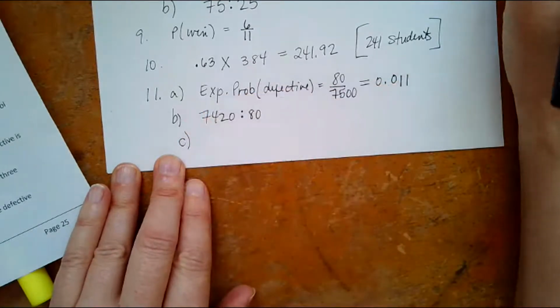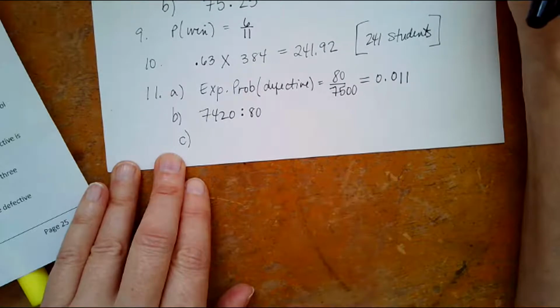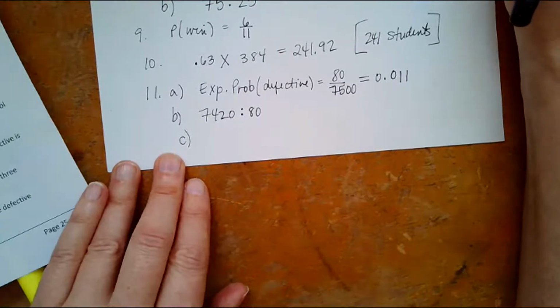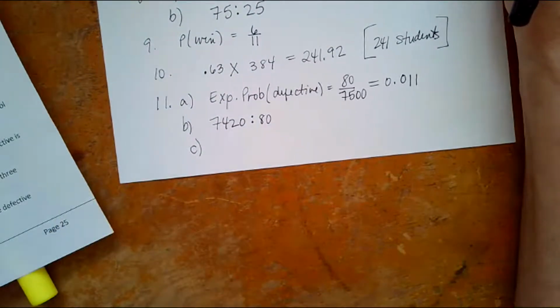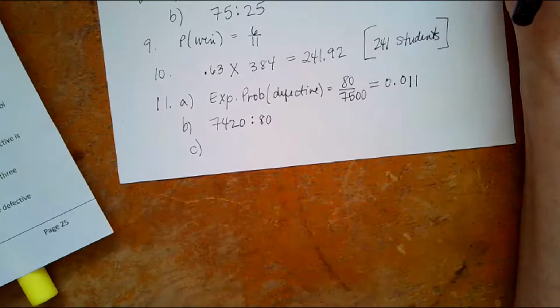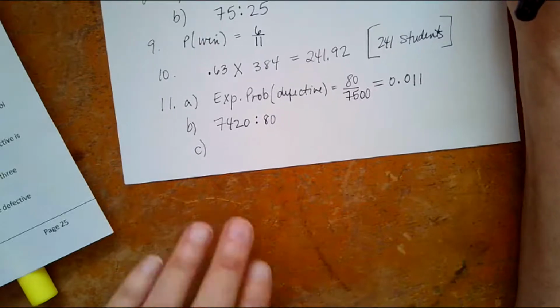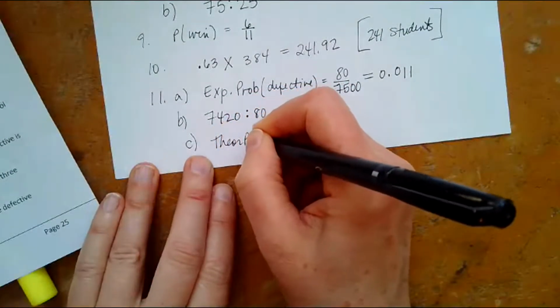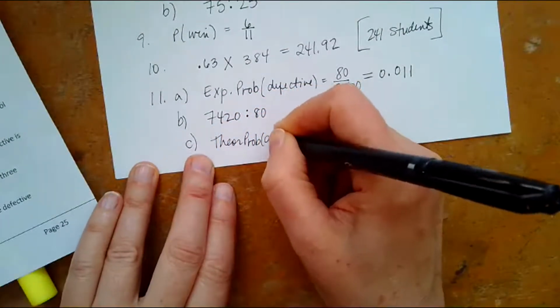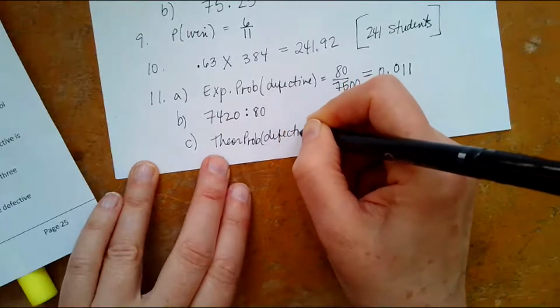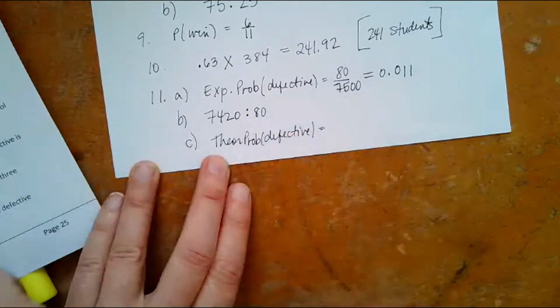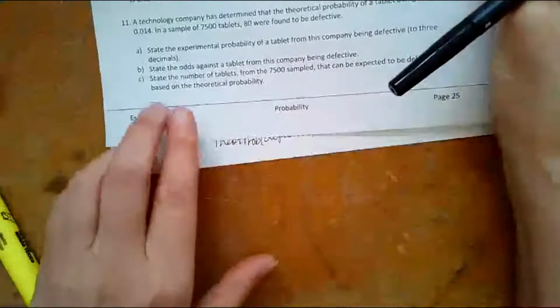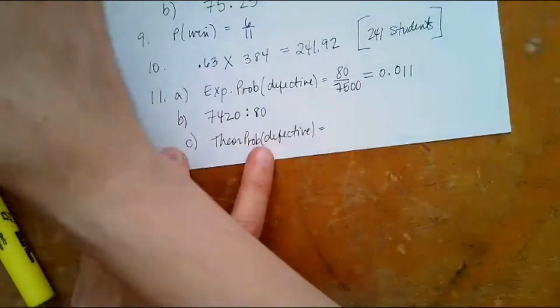And finally, state the number of tablets from the 7,500 sample that can be expected to be defective based on the theoretical probability. So the theoretical probability of a defect, remember what they gave us? They said the theoretical probability is 0.014.